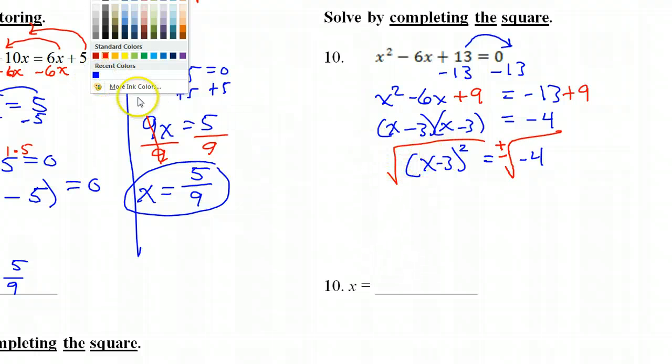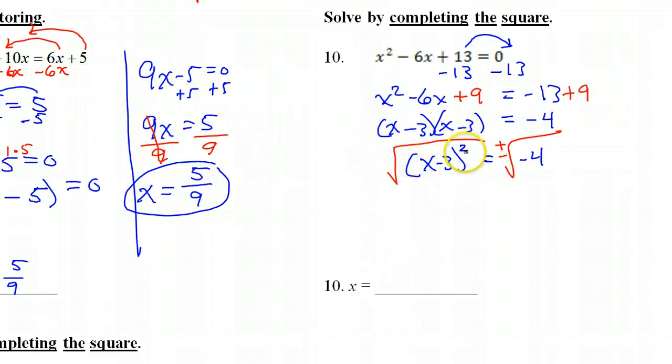So that cancels out this squared exponent. So I just have x minus 3 equals plus or minus. Now, here we have this negative under the radical. You should bring that out as an i. Now, if this were a 5 or something, I would just stop there and just bring the 3 over.